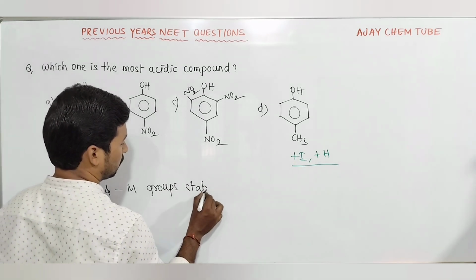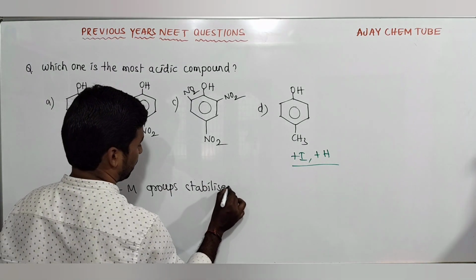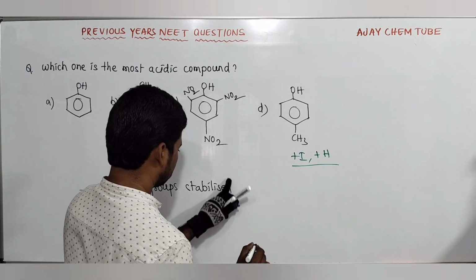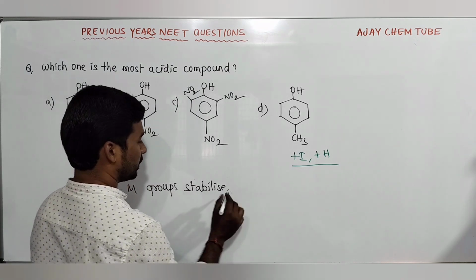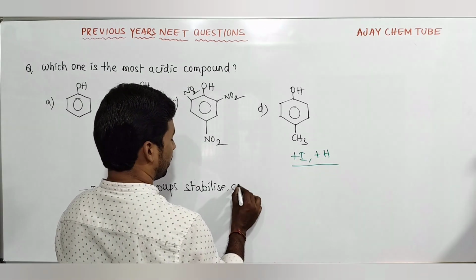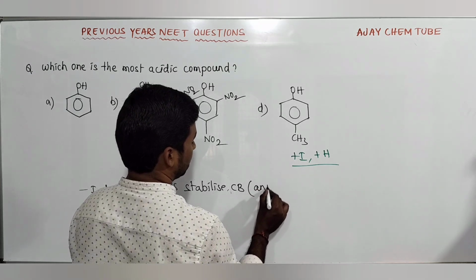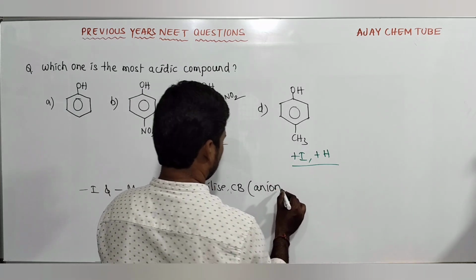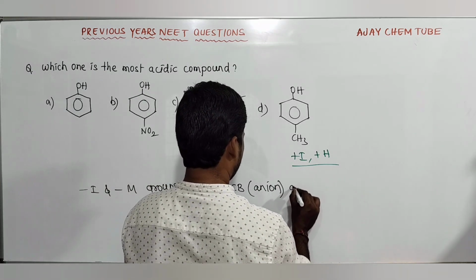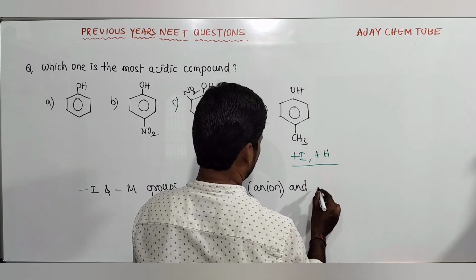stabilize these groups, stabilize conjugate bases. What are conjugate bases? Anions. And increases acidic strength of corresponding acids.